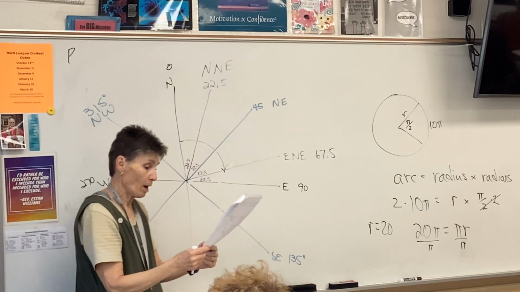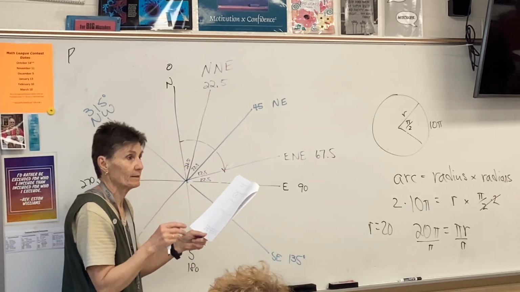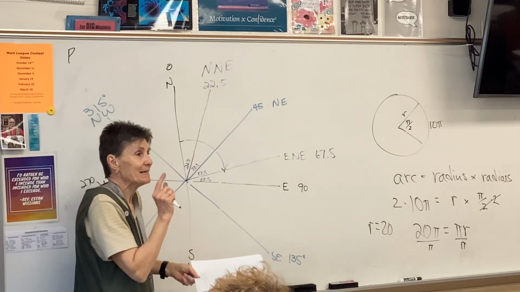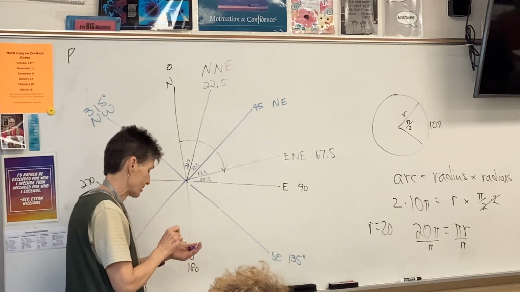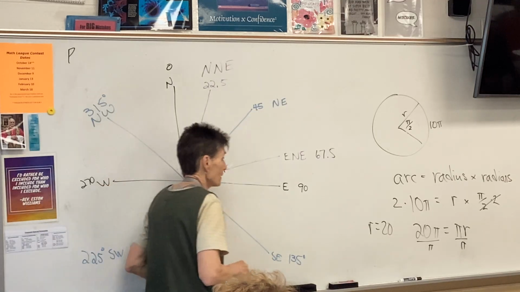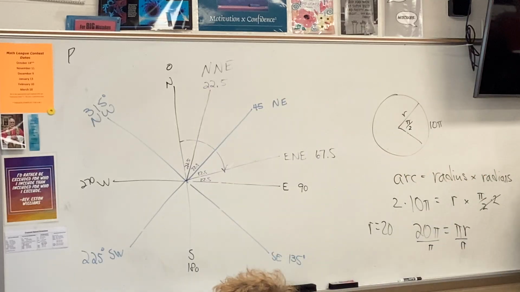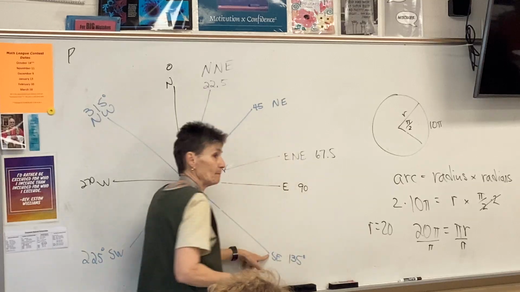Let's look at the problems. So we're not going to do every single one. Let's look at the problems. East southeast. Okay? Where is east southeast? Well, here's southeast, right?